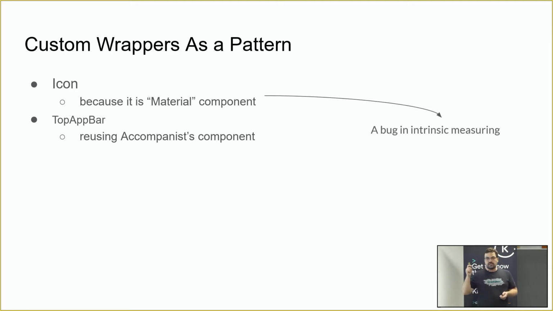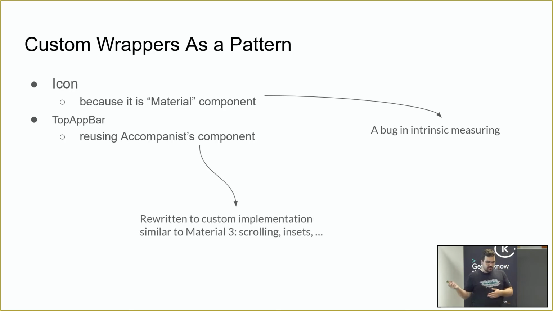It does wrong intrinsic measuring. So when we met this bug, we just rewrote the Icon implementation in Orbit Compose and suddenly everything was fixed. The same way, our original TopAppBar was dependent on the Accompanist implementation. In the end, we introduced our own implementation and we didn't have to replace all those usages of TopAppBar.